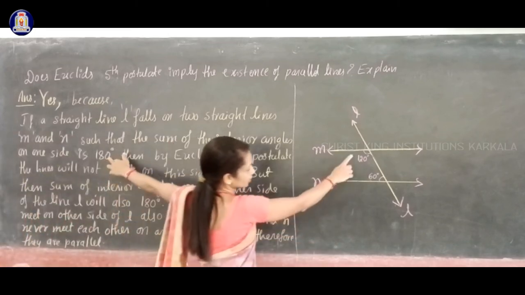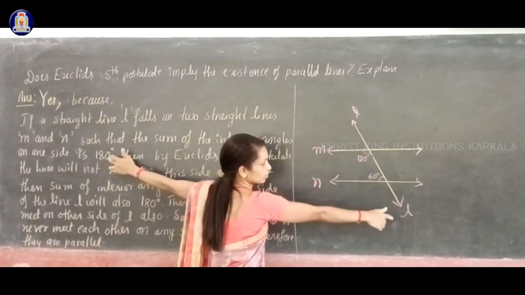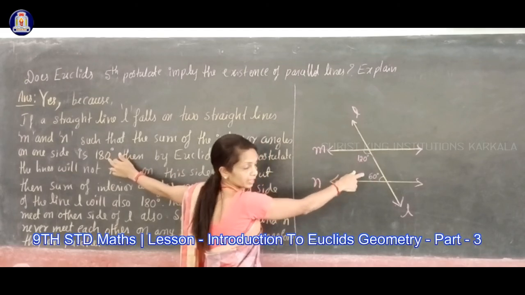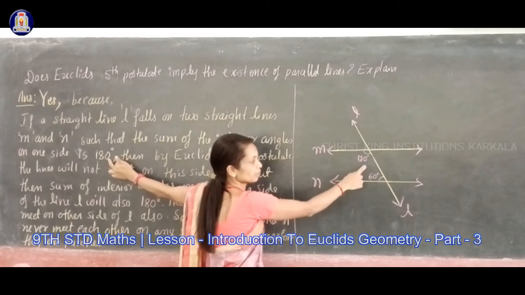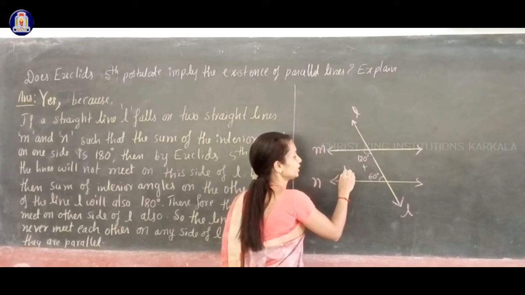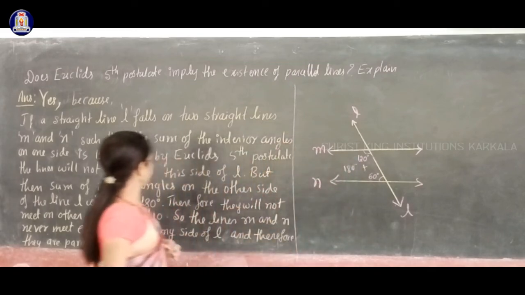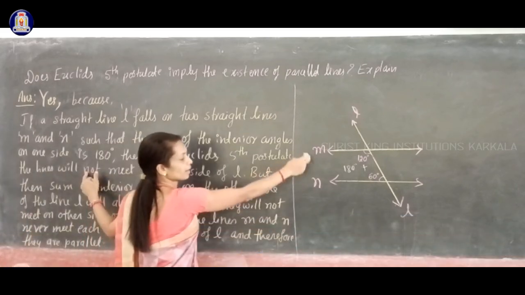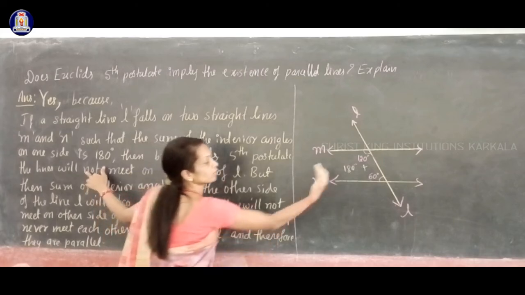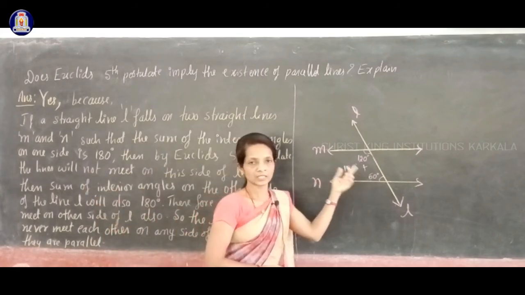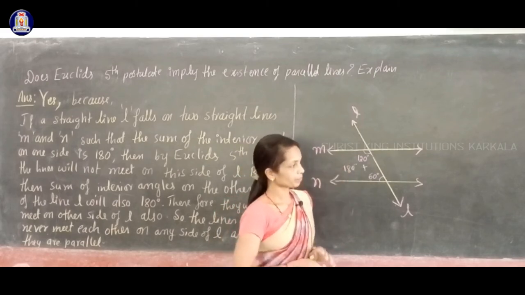Here you can see that on the left side of the line L, the sum of two interior angles, for example I have taken 120 and 160, the sum of these two interior angles is how much? It is 180 degrees. Okay, so then what happens? Then according to Euclid's fifth postulate, the lines M and N will not meet on the left side of L. Why? Because the sum of these two interior angles is not less than 180 degrees.